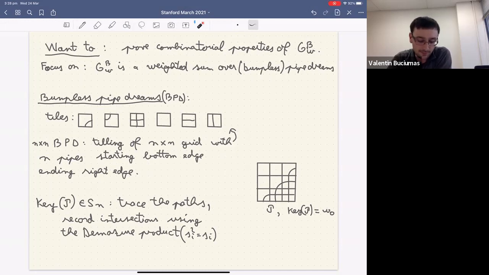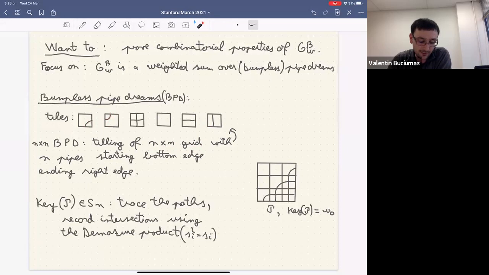So what are bumpless pipe dreams? So you have to work with these given tiles, and you have an n times n grid, and you want to cover it only with these given tiles, such that paths continue once you move from one tile to the other. And you always have n pipes, so these paths will be called pipes.